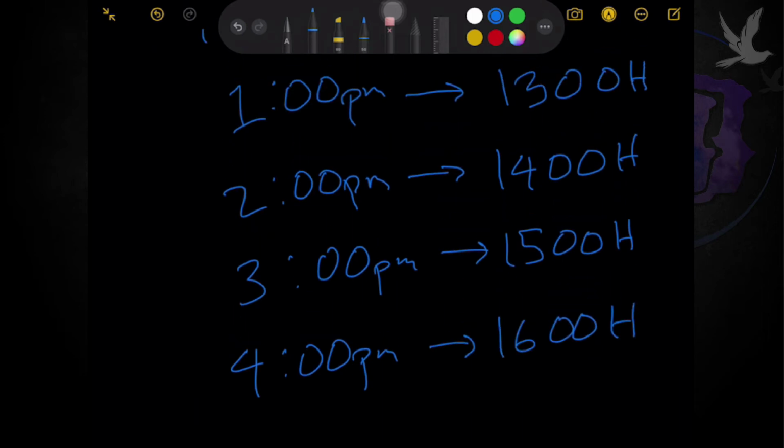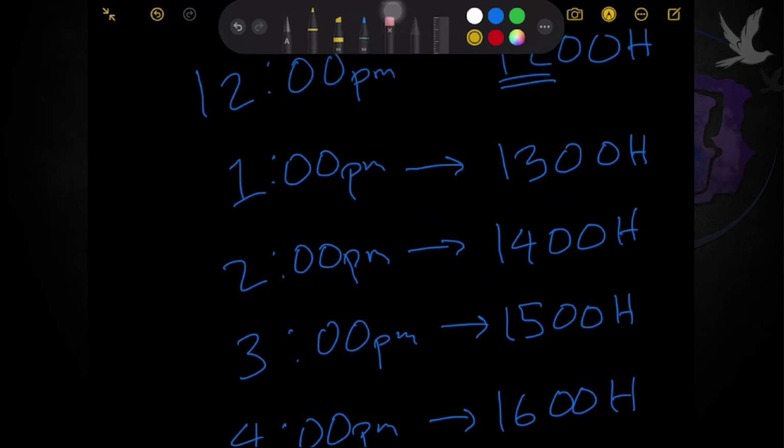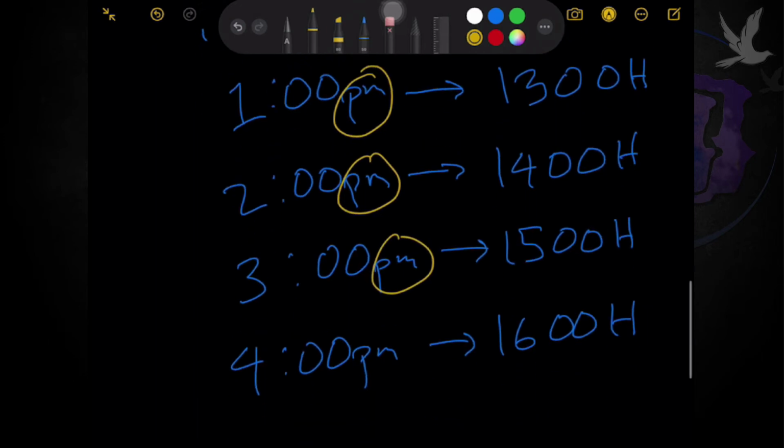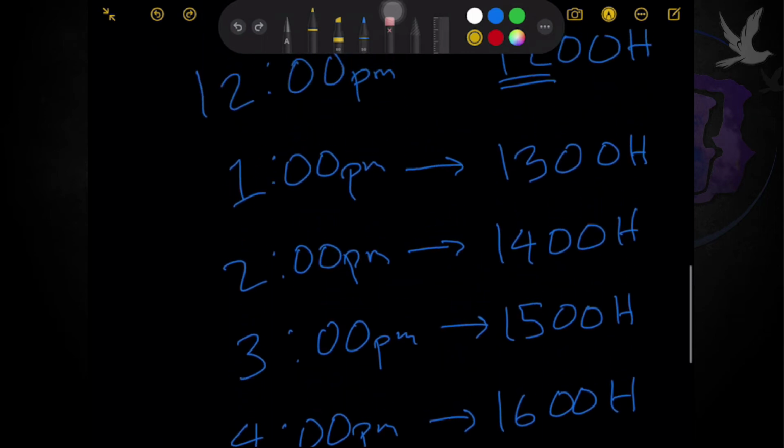Now you might tell me, Teacher Mark, do we really need to memorize this? No. There is actually a technique that you need to know here. Because the difference between the PM part of the 12-hour system compared to the 24-hour time is that we basically just add 12 to it. Okay, once it's PM.